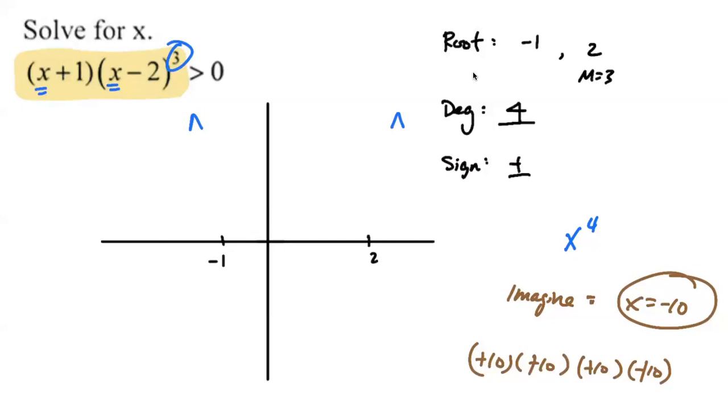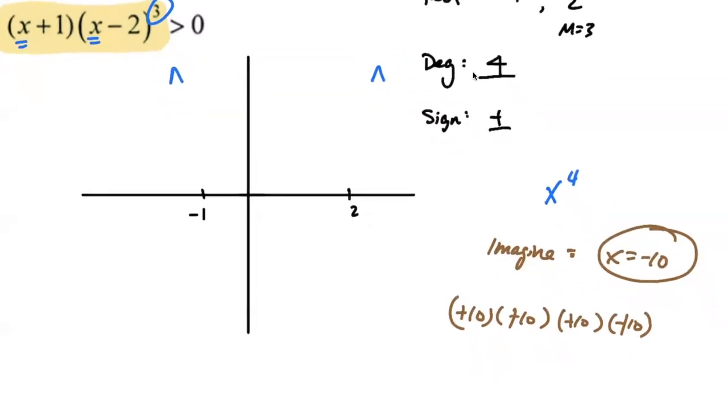So if you have a very negative number, it would end up with a pretty positive value. That's why it starts high right here. And that's also the reason why it ends high, because if you have a positive number multiplying by itself 4 times, you will end up with a positive number. I hope that you can try your very best to understand why that's the case.